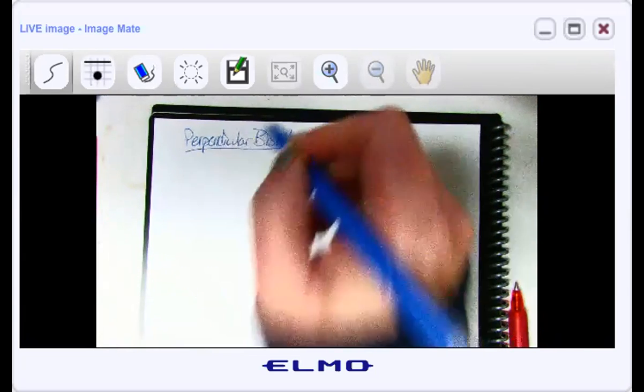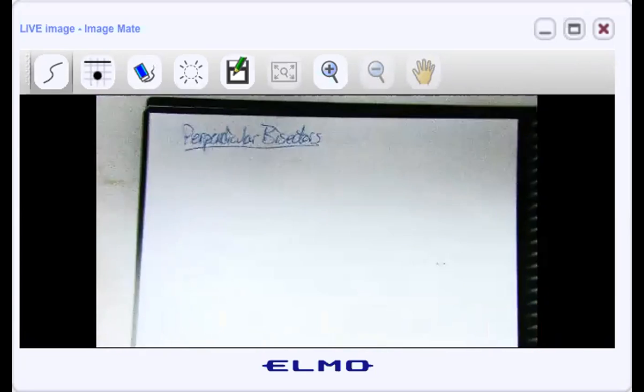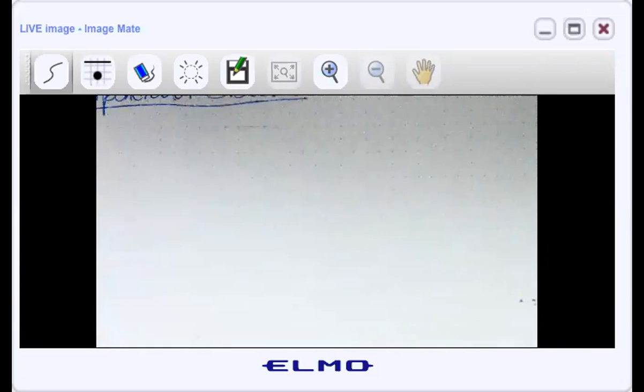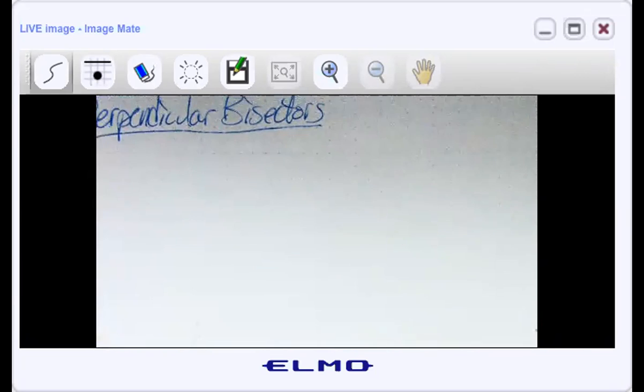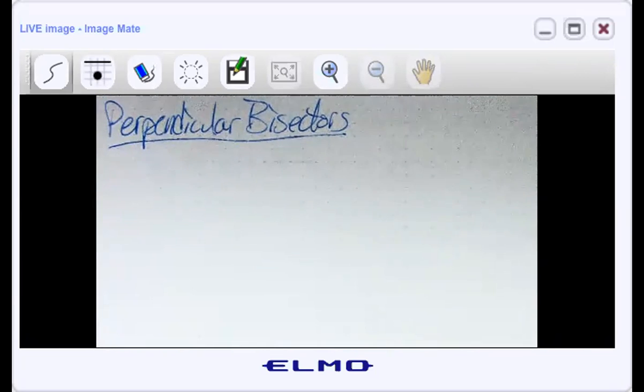The name says it all. So these are going to be lines or segments or rays, it could be even. It's just going to be something that is perpendicular to a segment or a side of a triangle, and it bisects that side as well, okay?